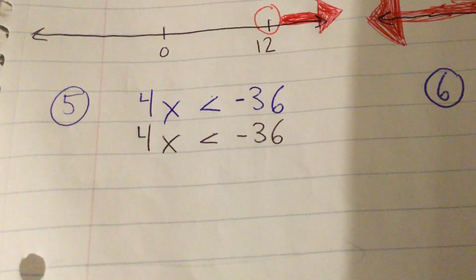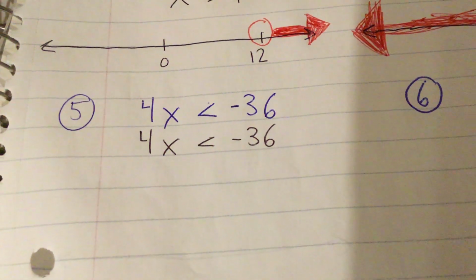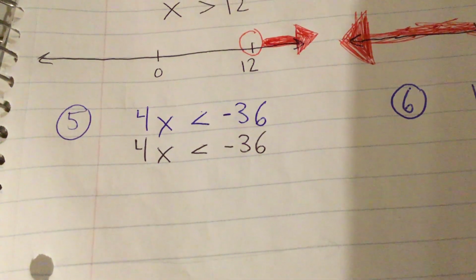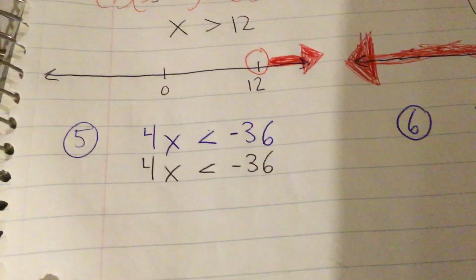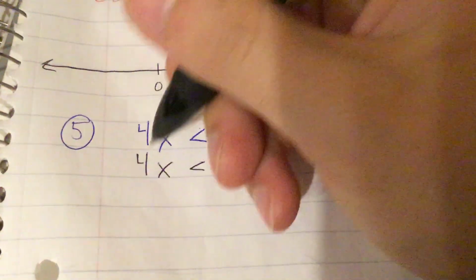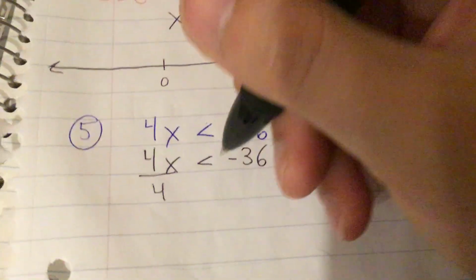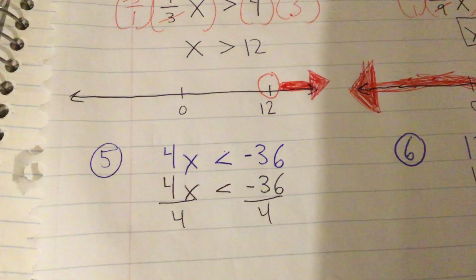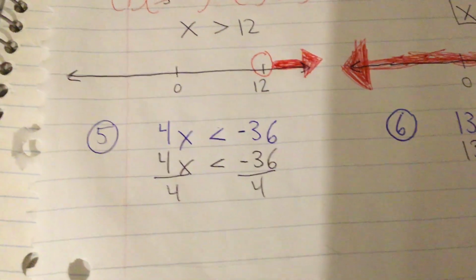4x is less than negative 36. So how do I solve for x in this problem? I'm going to divide both sides by 4. But remember, when I do this work, I'm going to look at my table. Did I divide both sides by a positive or divide both sides by a negative?